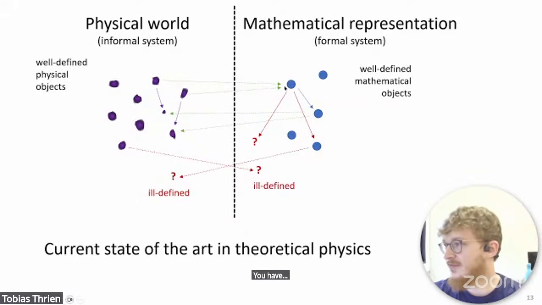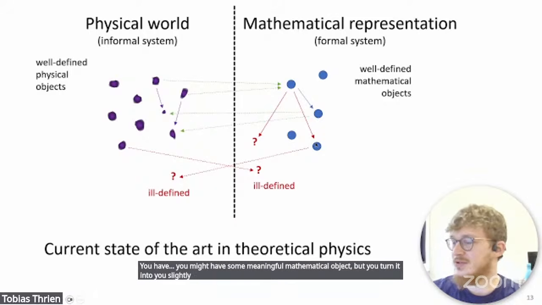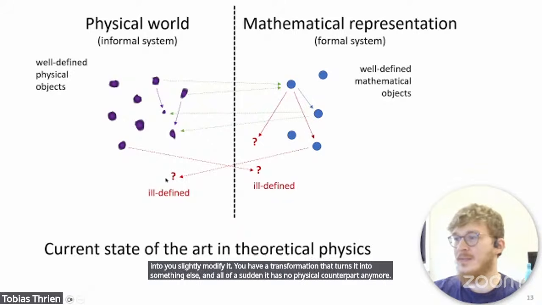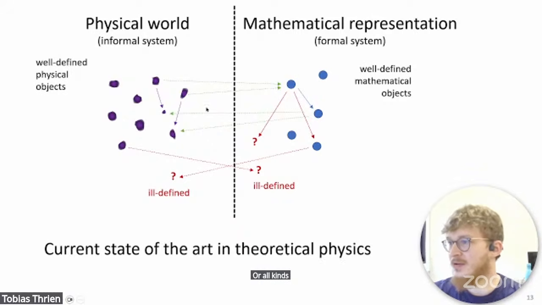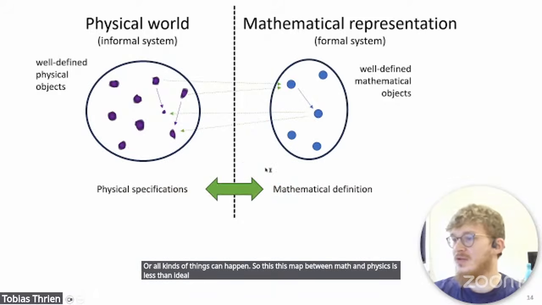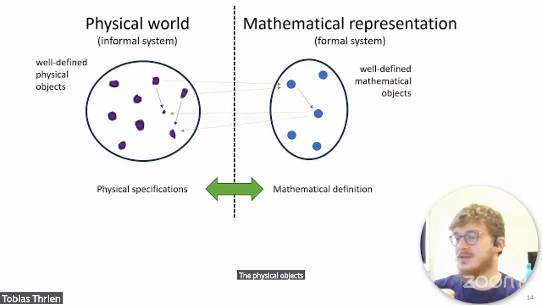You might have some meaningful mathematical object, but you slightly modify it, you have a transformation that turns it into something else, and all of a sudden it has no physical counterpart anymore, or all kinds of things can happen. So this map between math and physics is less than ideal, as I just showed. What we really want is a clean map between the physical objects and the mathematical objects.